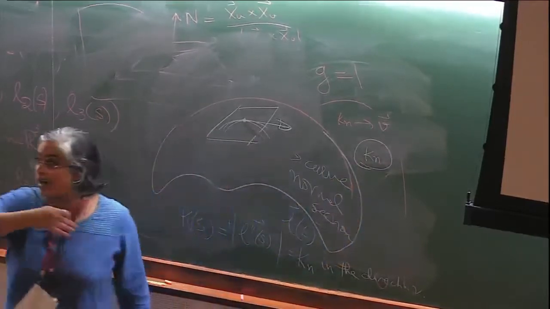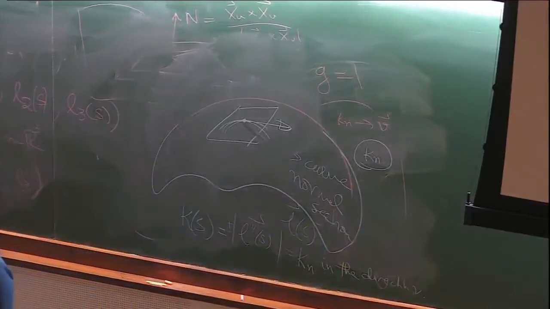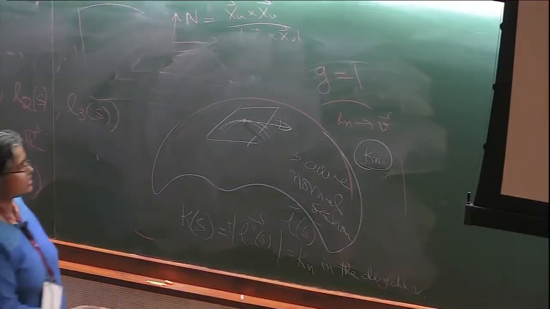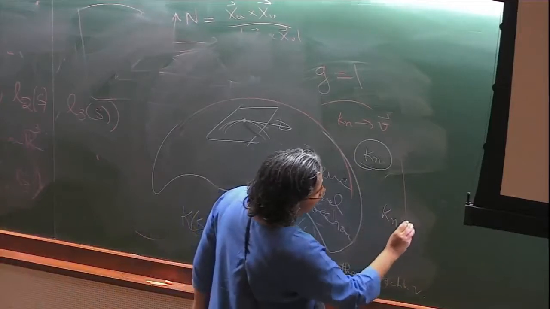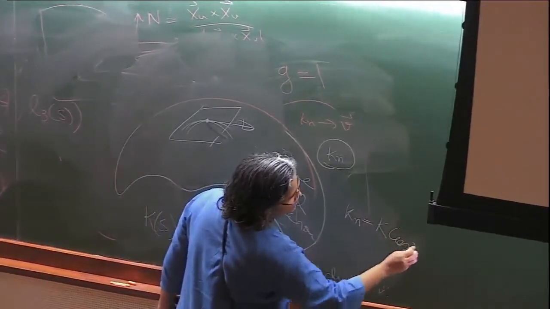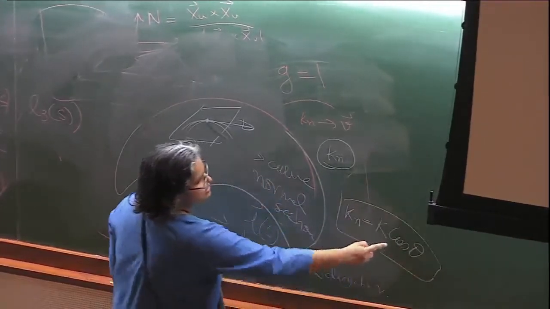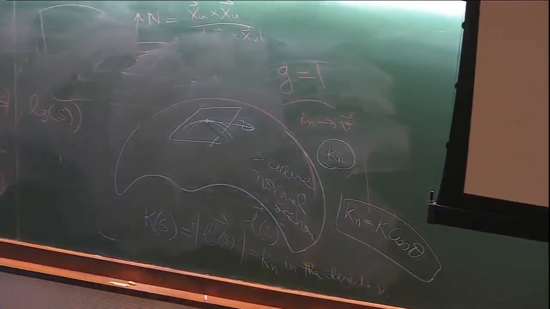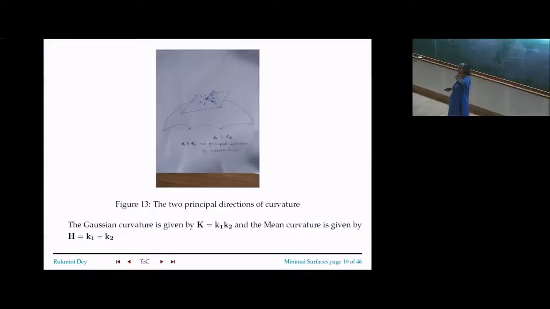But for a normal section, it's just exactly Kn. For other sections, if you have other curves which are tangent to that, then its curvature is not exactly Kn, but it will be K cosine theta. For a normal section, this cosine theta is 1. No, the curve we obtain with the normal section is unique, and its curvature is going to be the normal curvature at that point, in that direction.